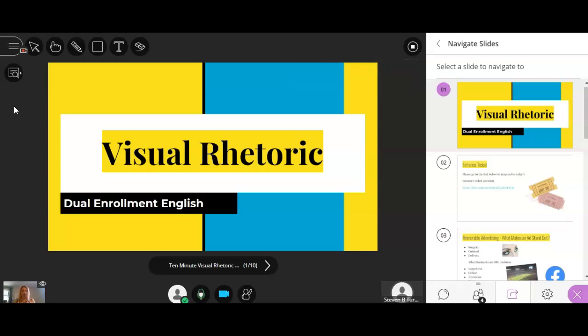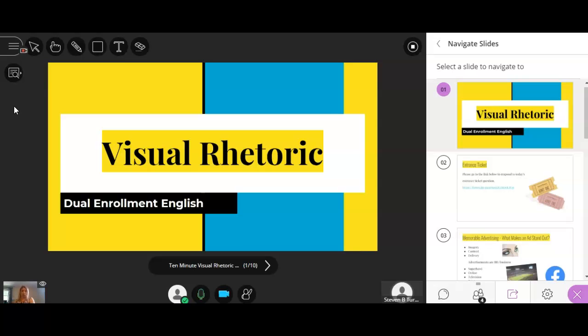Now, last week we talked about how rhetoric, and especially persuasion, is used in writing and in speeches to persuade audiences to believe, think, or do, right?